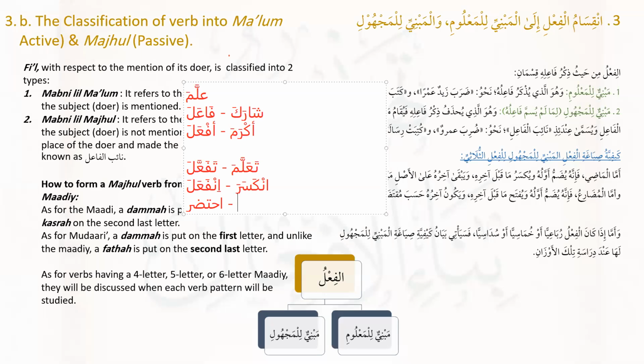المهم, what are the root letters of احتضر? حاء ضاد and را. And how many letters does it have in its ماضي? 5. Okay, ممتاز.